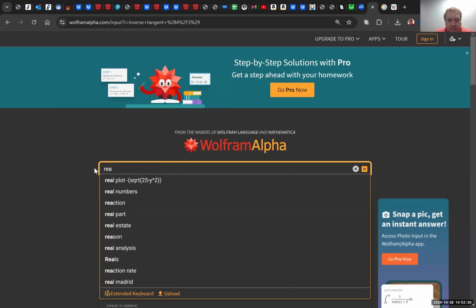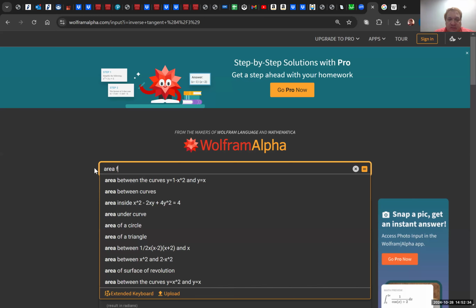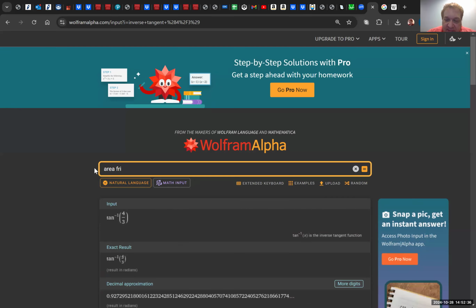area from, cannot type, from theta equals 0 to theta equals pi over 2 of 1/2. Oh no, I multiplied it out.